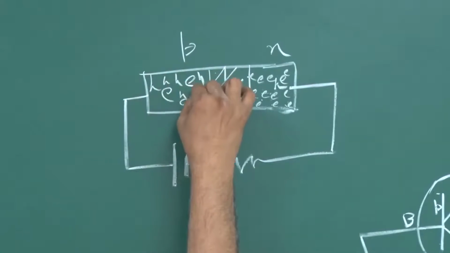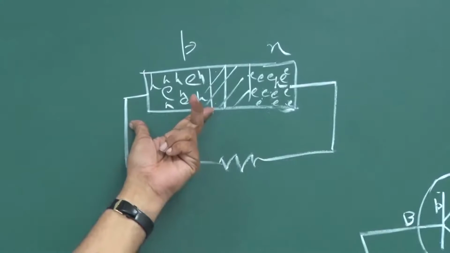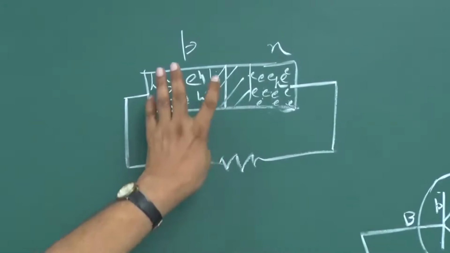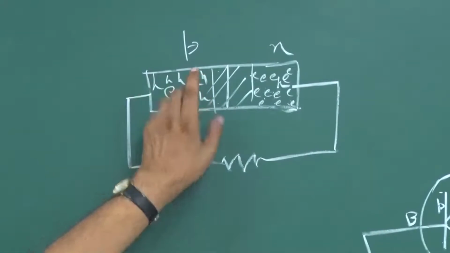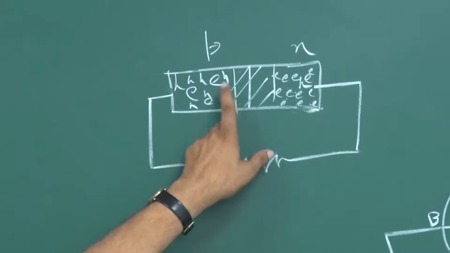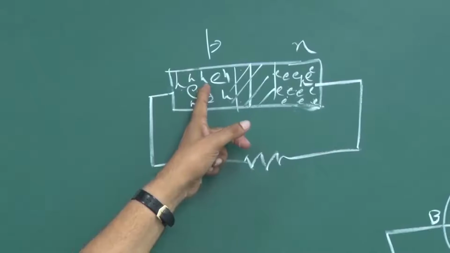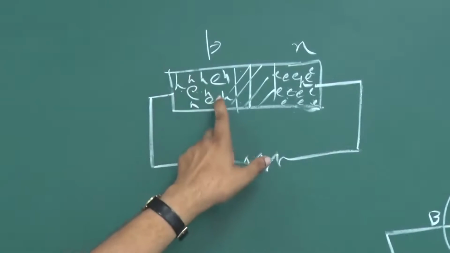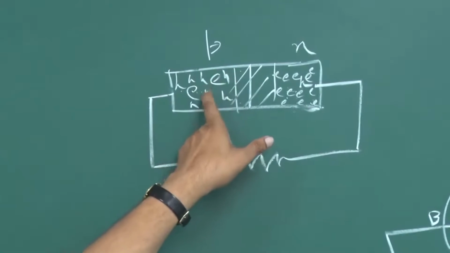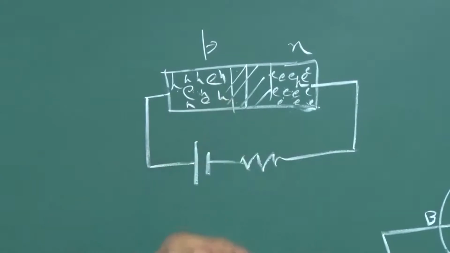So, if this length is sufficient, if the electrons take considerable time traveling from this to this, in between many of them will recombine with the holes here, and that electron hole pair will be vanished.